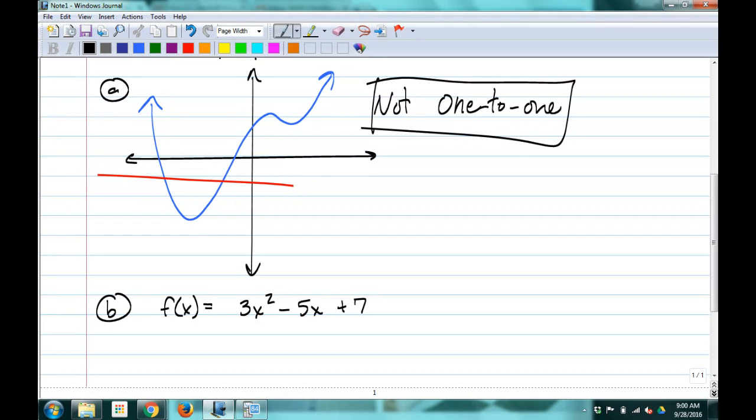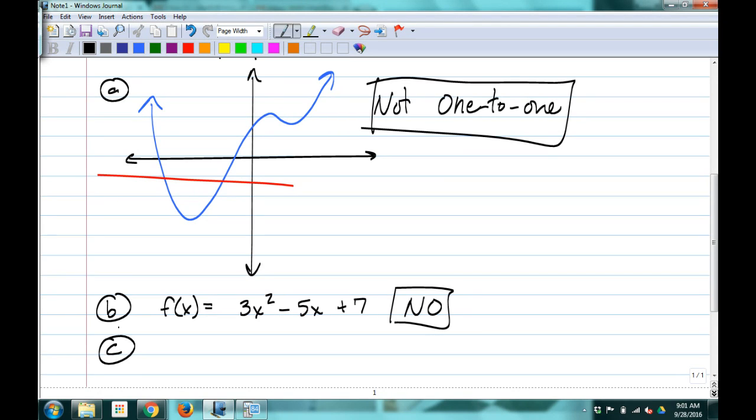I could grab it on the calculator and check it with the horizontal line test. That'd be a good way to check it. Absolutely. But I don't even have to graph that really. It's quadratic, right? So it's going to make that parabola shape. Would it pass the horizontal line test? Not going to pass it.